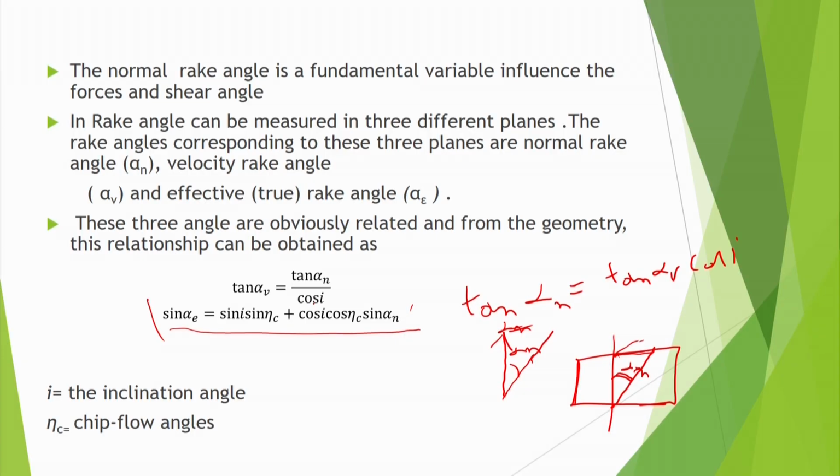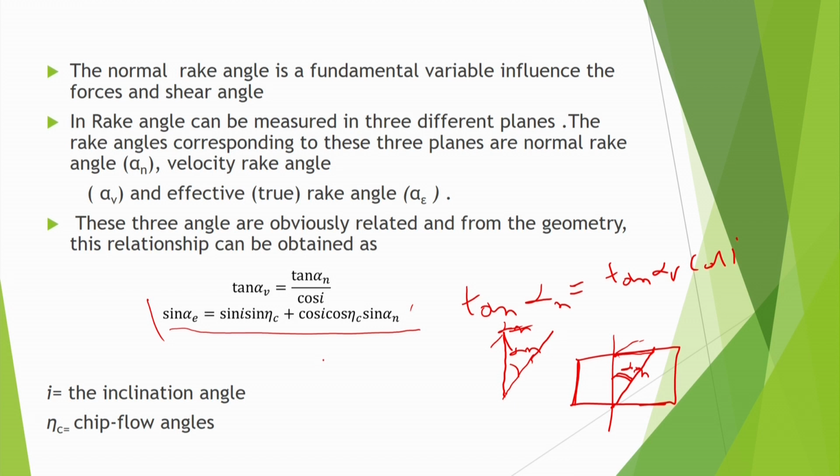First of all, see the observation that tan alpha n is equal to tan alpha v into cos I, because if inclination is there, the angle in the normal plane is going to change. And here sin alpha E is equal to sin I sin eta C plus cos I cos eta C into sin alpha n.